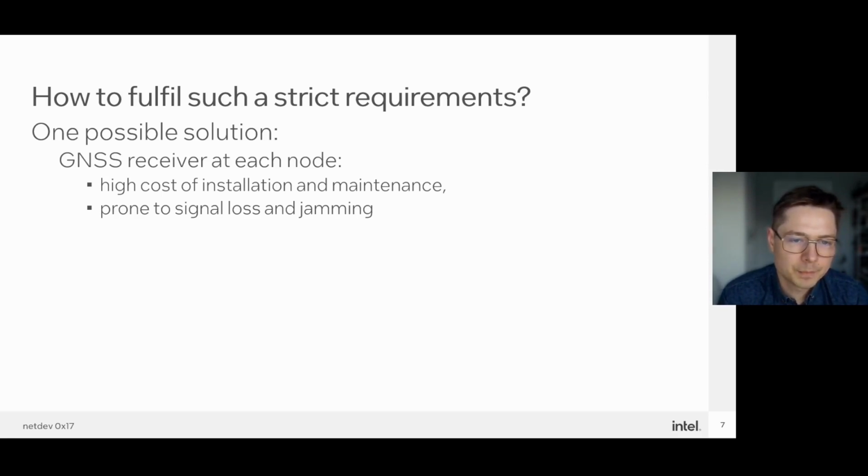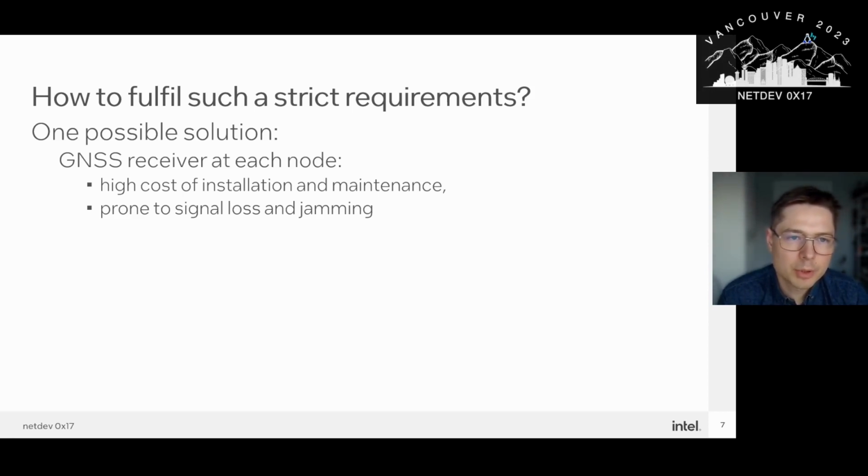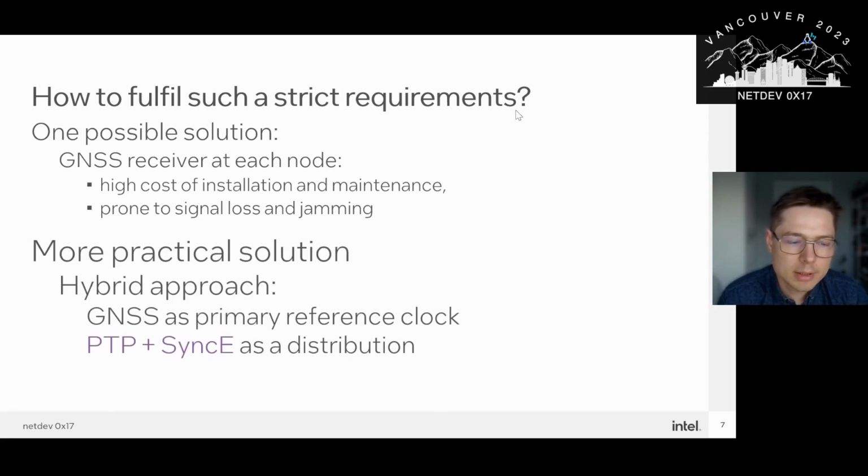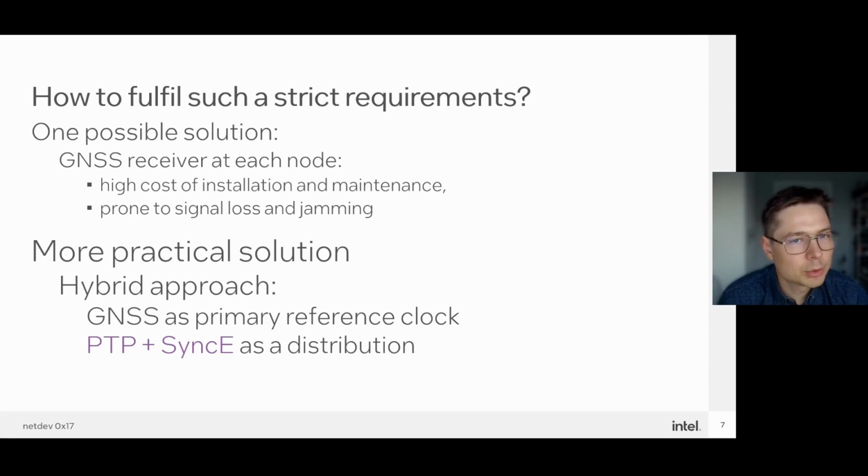Additionally, it is prone to signal loss and jamming. There is a more practical solution. It is a kind of hybrid approach. We are using the global navigation satellite system in some nodes as a good clock reference, and then use PTP plus SyncE as a clock distribution. I will talk about those two protocols next.